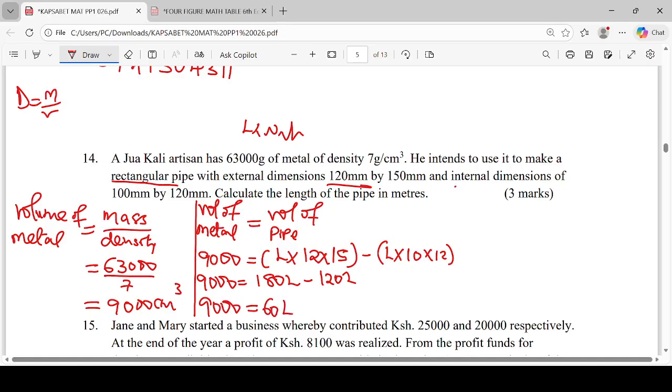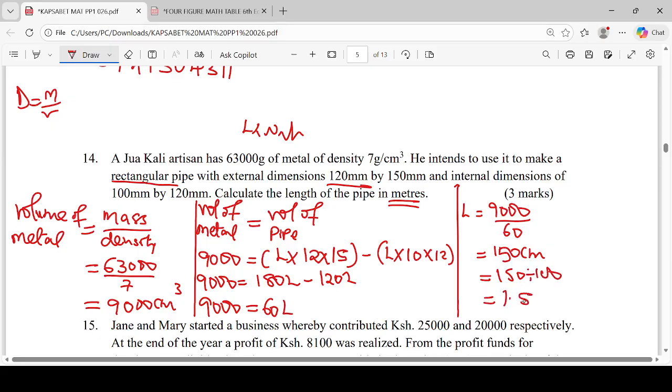So L is going to be 9,000 divided by 60, which gives you 150 centimeters. And because they want it in meters, you divide by 100. So 150 divided by 100, that's 1.5 meters. And that's how you interpret such a beautiful question, ladies and gentlemen.